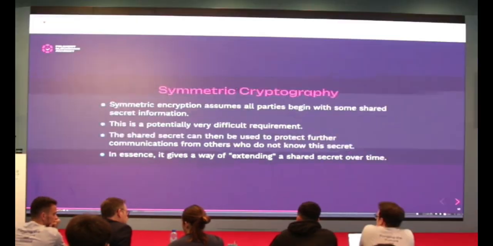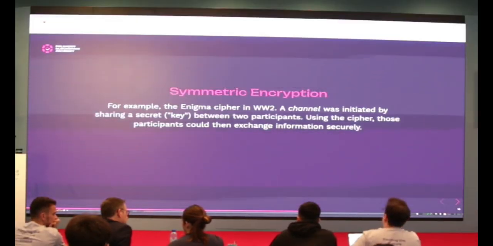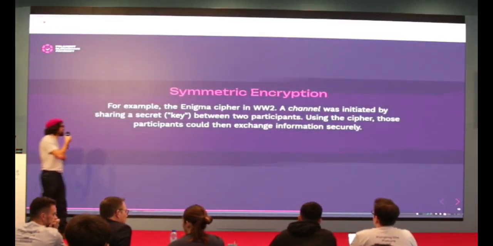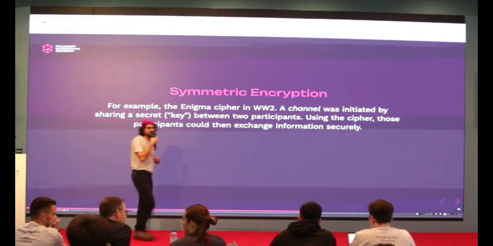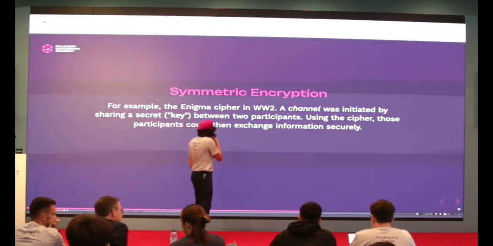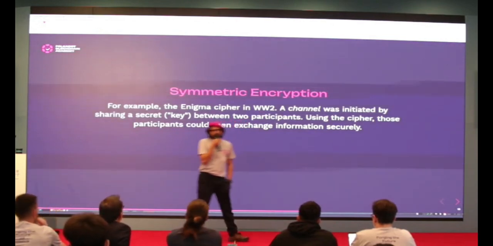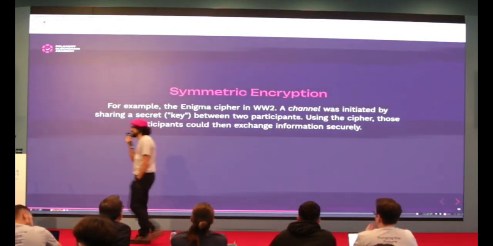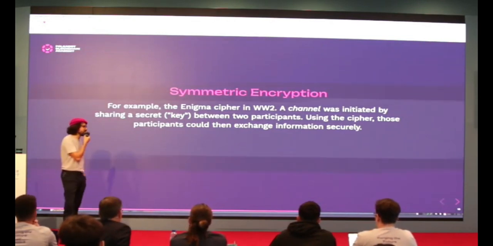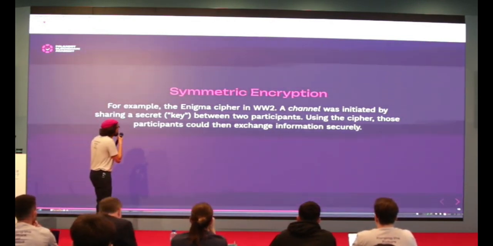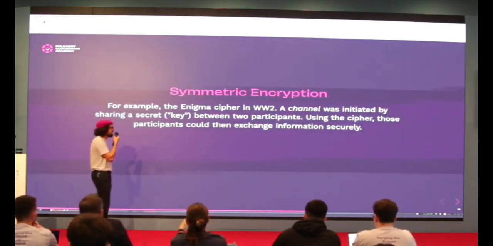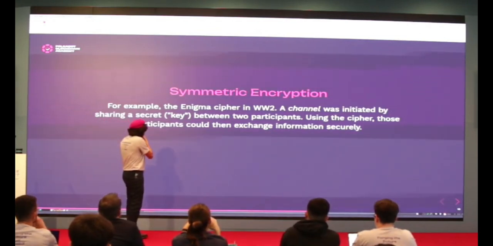Okay, so I'm going forward. Going back to what Mark said, for example, the first modern symmetric encryption system used in the real world was Enigma. It was a machine.